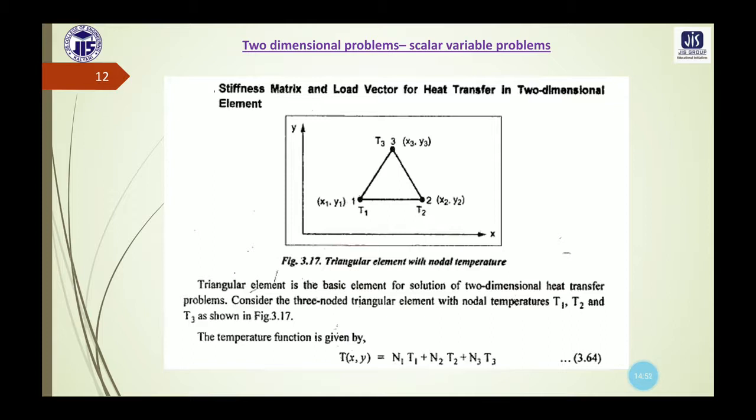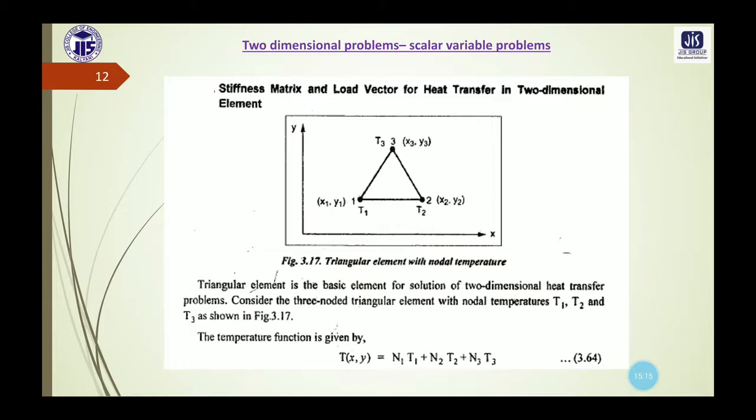Let us next discuss the stiffness matrix and load vector for heat transfer in a two-dimensional element. Till now we have seen the triangular element diagram, which is the basic element for the solution of two-dimensional heat transfer problems.